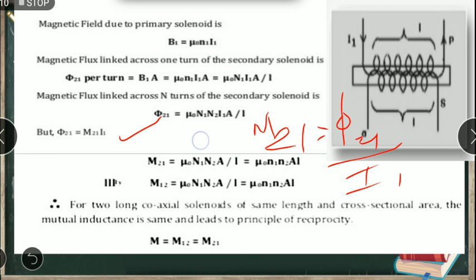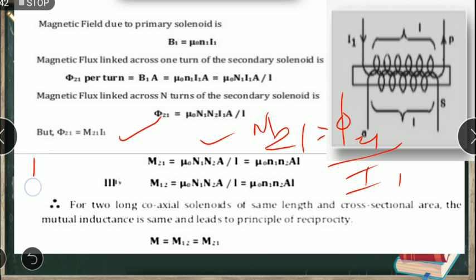Okay, phi 21 is mu naught n1 n2 A divided by L. Here I1 will be in the numerator as well as the denominator, that term cancels. So you can write mu naught n1 n2 A divided by L.